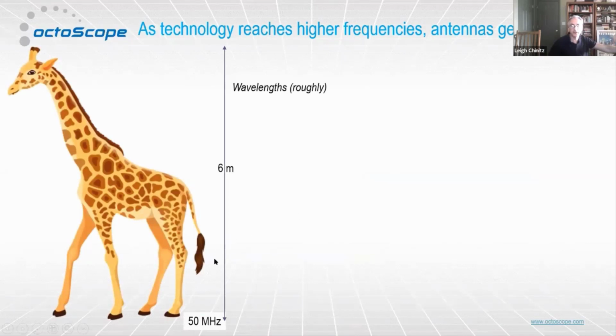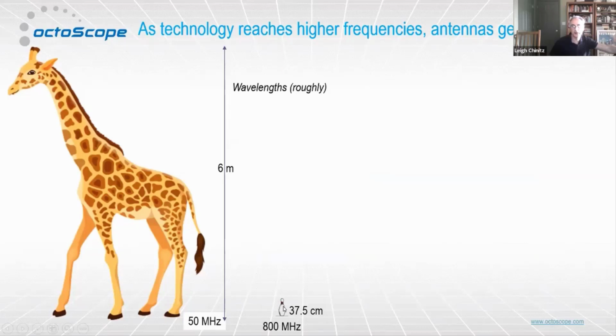But just to give you a sense, the wavelength at 50 megahertz, like I said, is about 6 meters, roughly the size of a giraffe. As soon as you move to 800 megahertz, the low band cellular frequencies around the world, 800, 900, there you're talking about 37-ish centimeters, about the size of a bowling pin. These two pictures are roughly to scale.